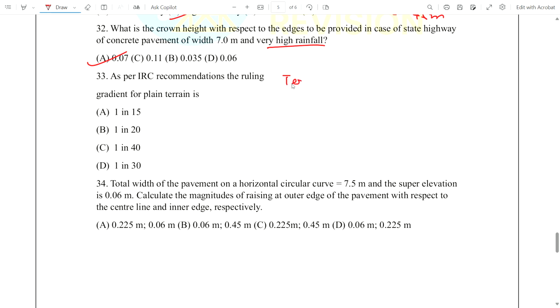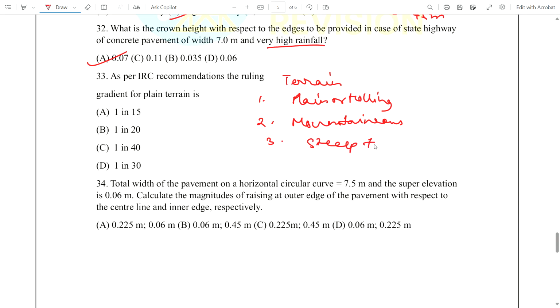If I draw a table for terrain like plain or rolling terrain, second one is mountainous, third one is steep terrain. Here I write RG for ruling gradient, LG for limiting gradient, and EG for exceptional gradient.